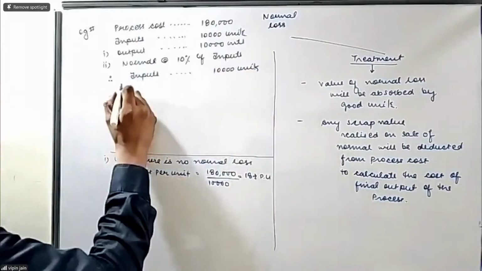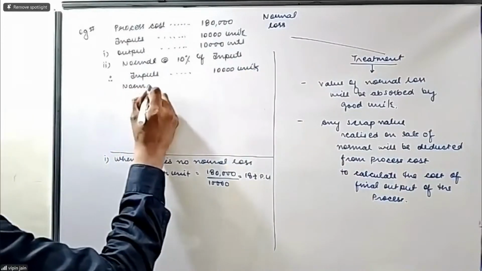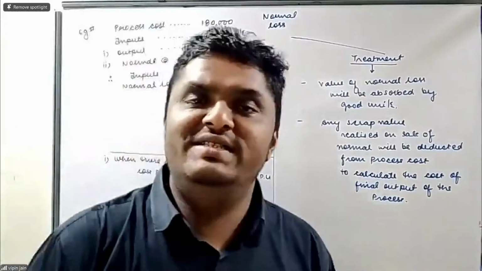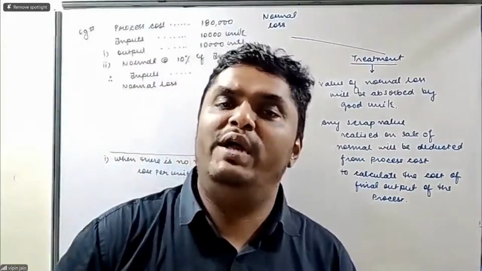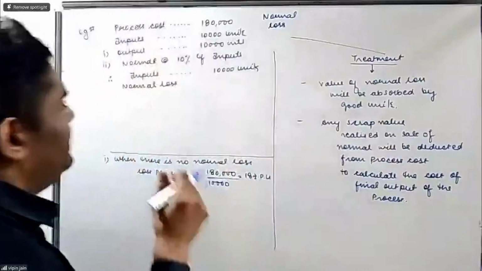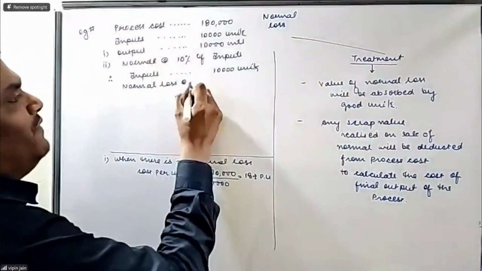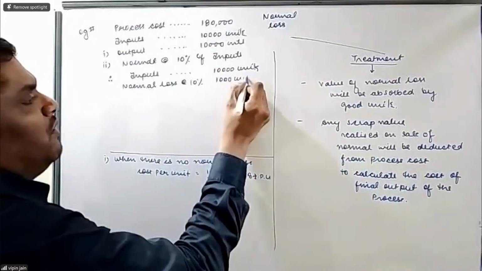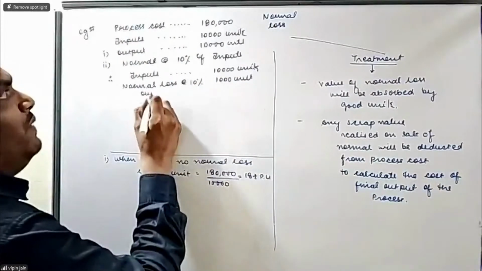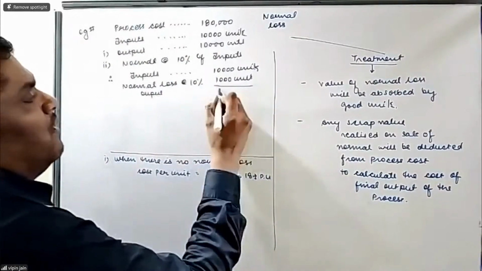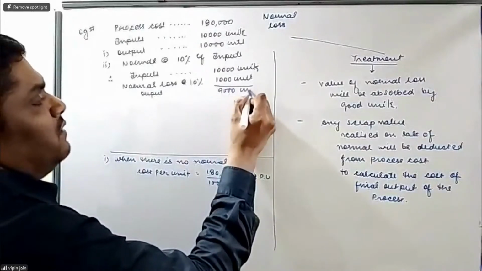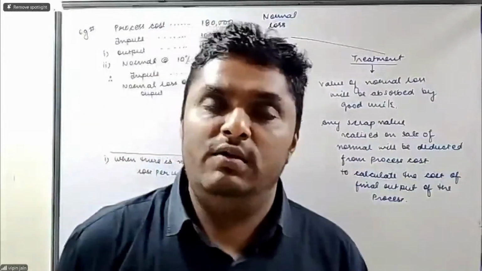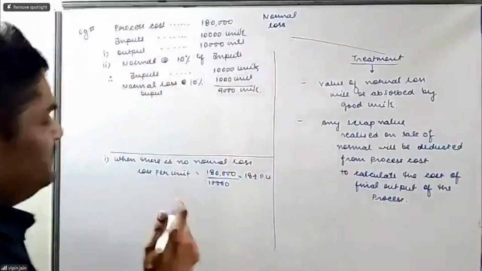Now there is a normal loss, a certain percentage, let's say evaporated, damaged, spoiled, or there is a breakage, whatever it is. So there is a normal loss of 10% of input, so it will be 1,000 units. So my output will be how much? 9,000 units.